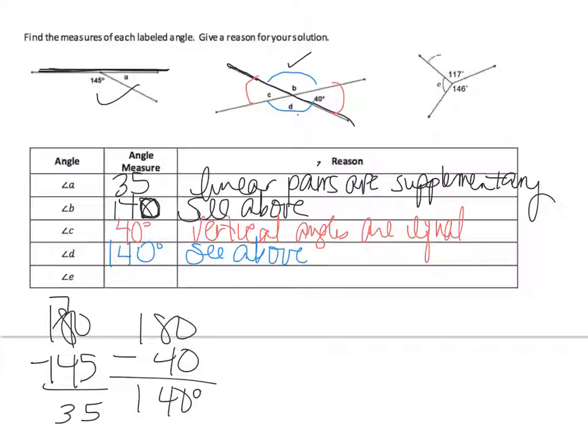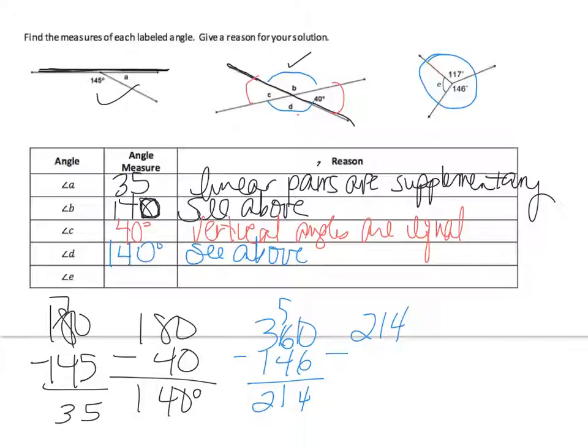And angle E. I have a circle here. So 360 minus 146 is 214, minus 117 is 97 degrees.